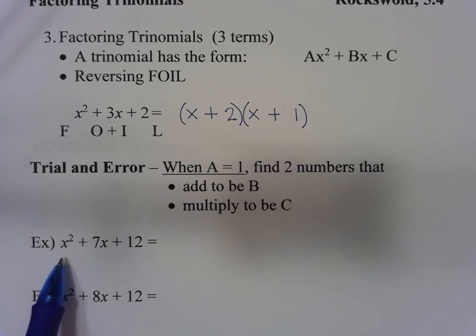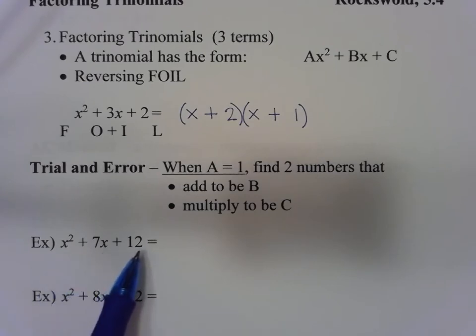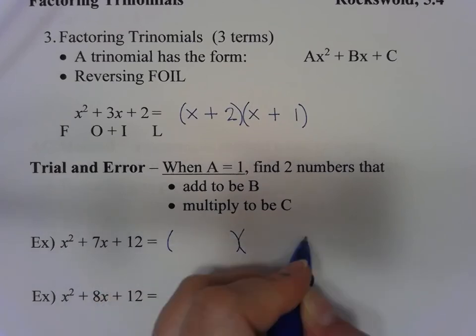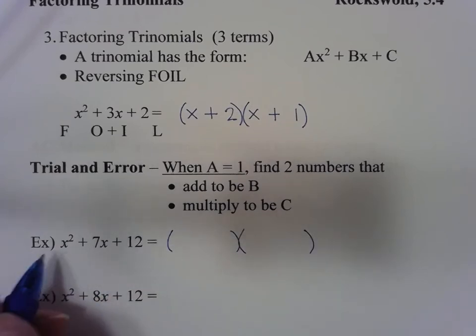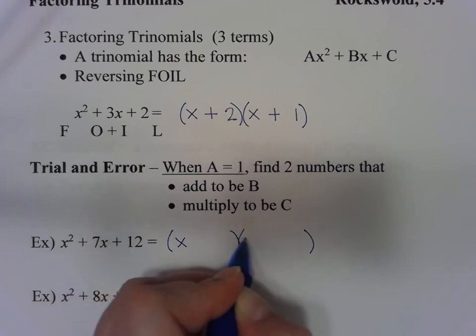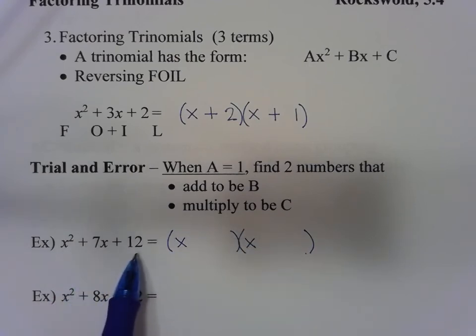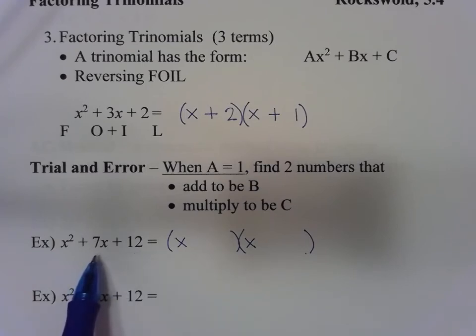Let's say we had x squared plus 7x plus 12. If I wanted to try the trial and error method, I know I need to have x and x. So I need 2 numbers in the back that multiply to be 12 and add to be 7.